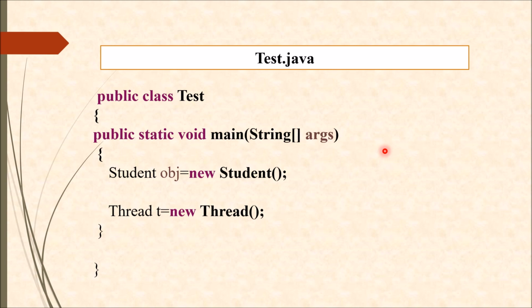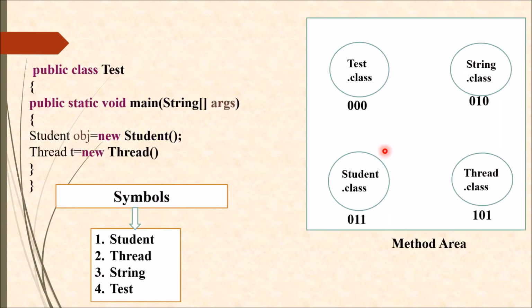Inside this test.java file, there are four symbols: Student, Thread, String and Test, which represent classes. The Test symbol represents the class Test, the String symbol represents the class String internally, the Student symbol represents the class Student, and the Thread symbol represents the class Thread internally.